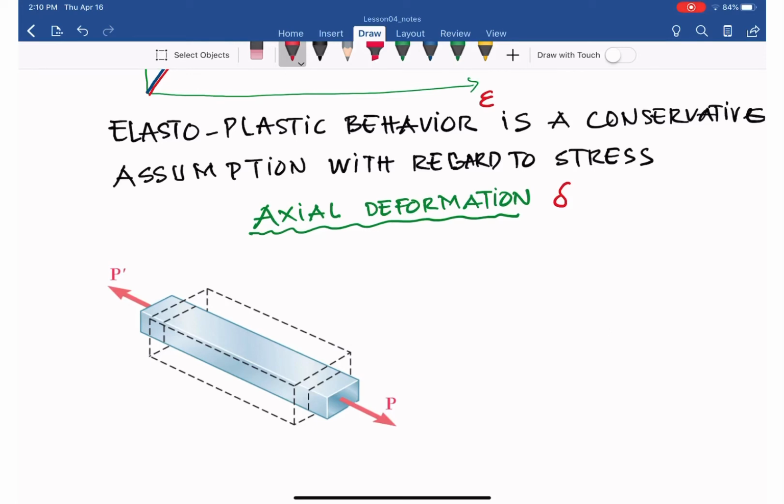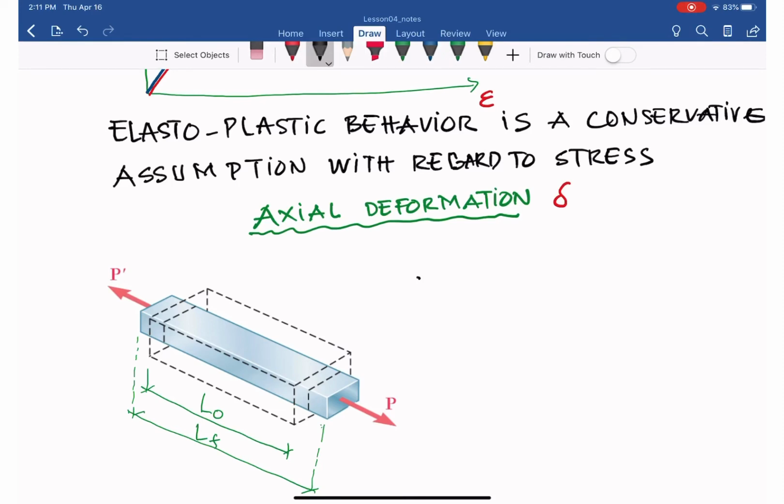You can define the original length, if you recall, as L0, and the final length we call LF.